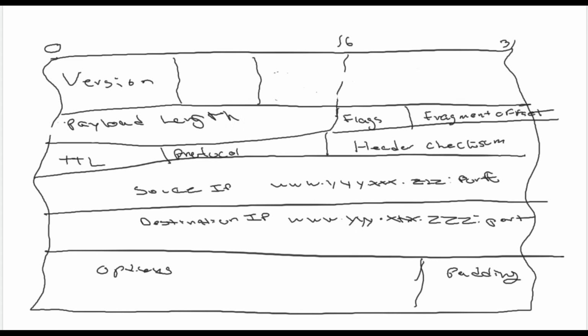In place of the total length, we get flow label, which is basically like the traffic type, and what to do with it.